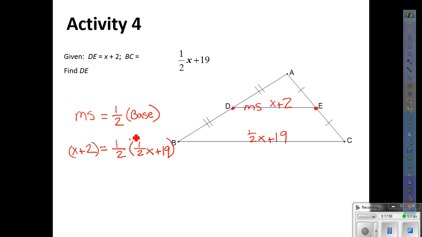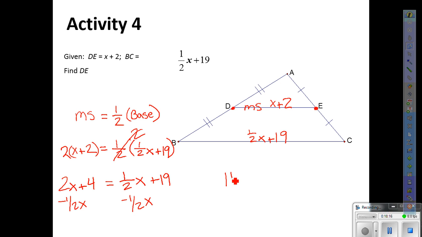Now, solving this equation, we just have to remember how to solve equations. If I want to get rid of a fraction, I got to multiply both sides by 2. 2 and 1/2 will cancel out. So I get 1/2 x plus 19 is equal to 2x plus 4. I got to get my x's together, so I'm going to subtract 1/2 x from both sides. So I get 1.5 x plus 4 is equal to 19, and subtract 4 from both sides.